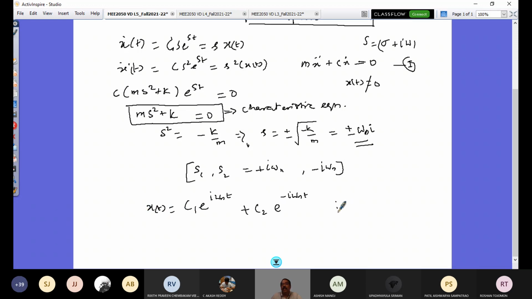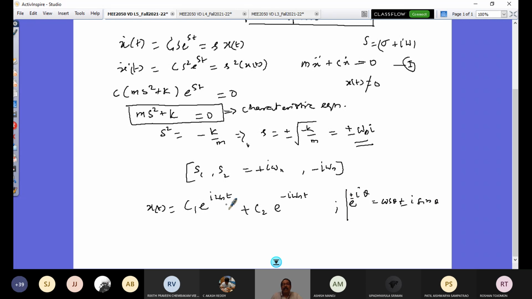We knew in the last class that we represented e raised to plus or minus i theta as cos theta plus or minus i sin theta, right? You know this.